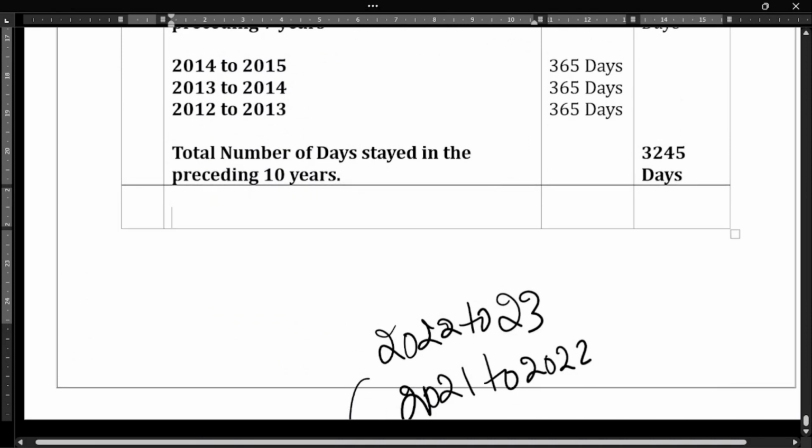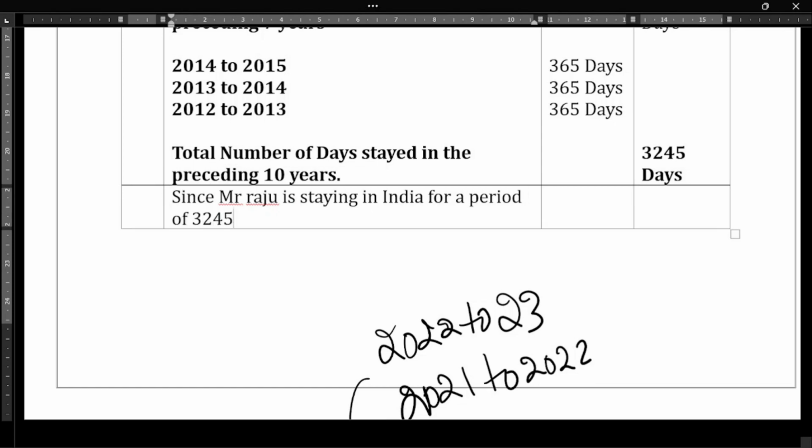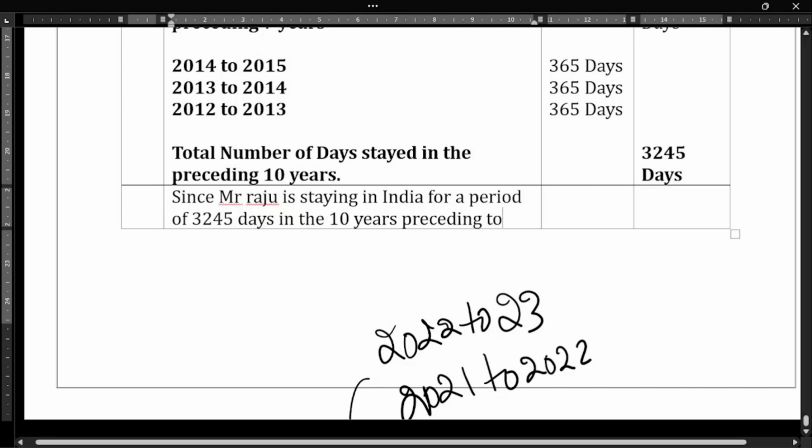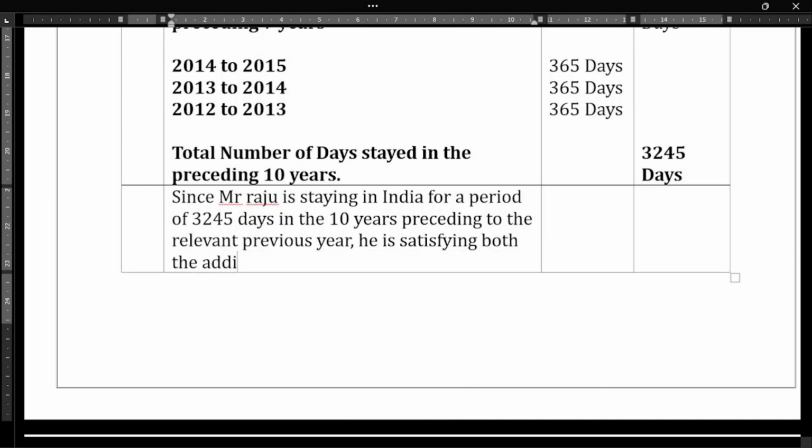So now we need to give the conclusion. Since Mr. Raju is staying in India for a period of 3245 days in the 10 years preceding the relevant previous year, he is satisfying both the additional conditions.